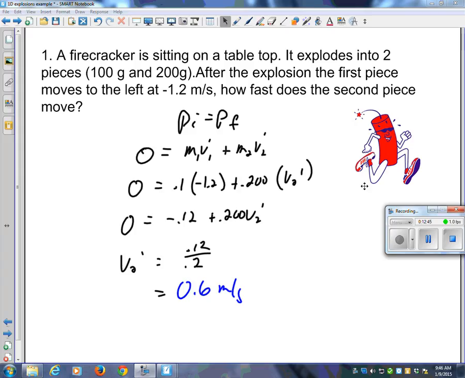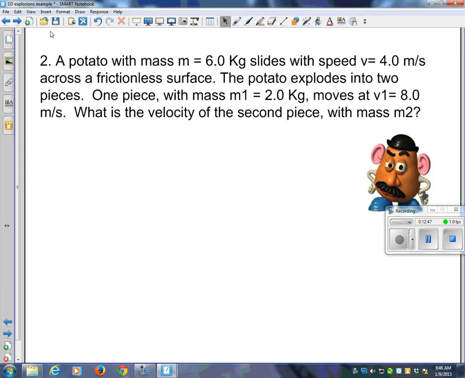Now let's try Mr. Potato Head. Now, as I said here, the difference with Mr. Potato Head is that he's already moving. So it's going to complicate things. In this case here, and you can subscript it however you want, I'm going to say mass of potato, velocity of potato, and then I'm going to talk about different pieces.